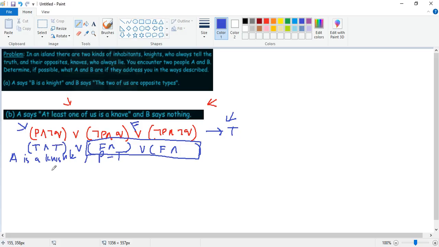So the assignment that can make that true is that A is a knight, and Q should be false, which means B is a knave. Since B doesn't say anything, we can conclude that this is true. So that's the proof for that.